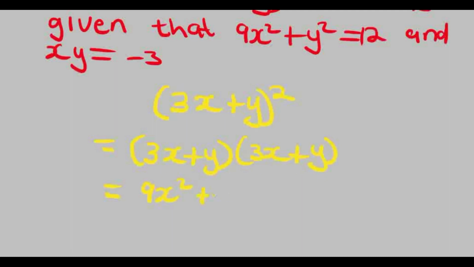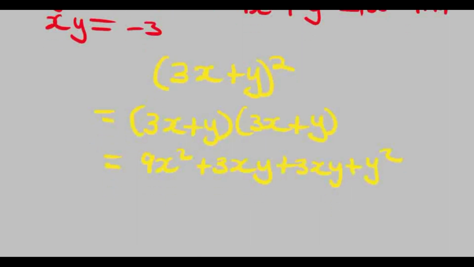3x times y, that is 3xy. y times 3x, that is 3xy. y times y, that is y². If we apply the FOIL method, this is what we are getting.